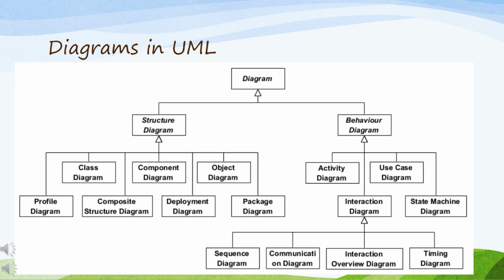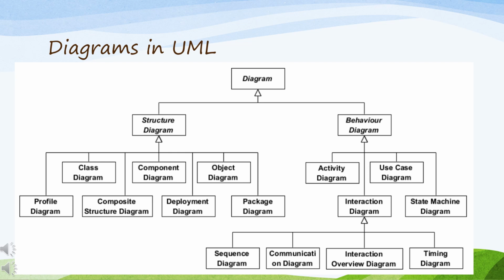The elements in structure diagrams represent the meaningful concepts of a system. They may include abstract, real world, and implementation concepts. There are 7 types of structure diagrams, which are class diagram, component diagram, deployment diagram, object diagram, package diagram, composite structure diagram, and profile diagram.